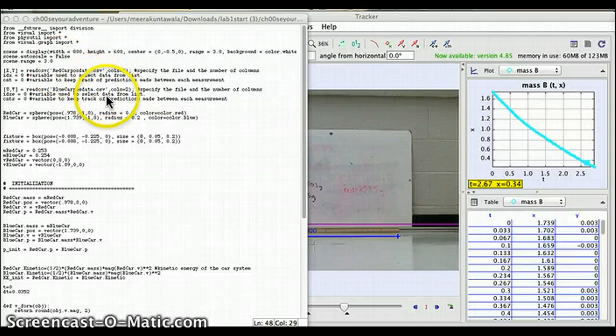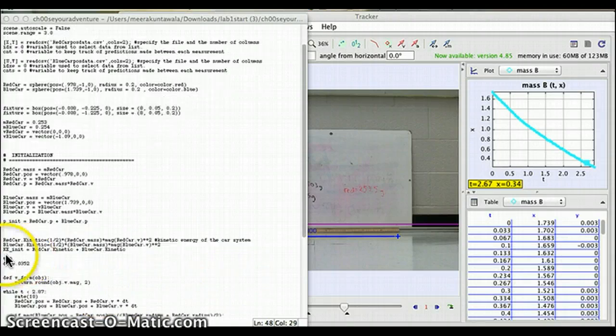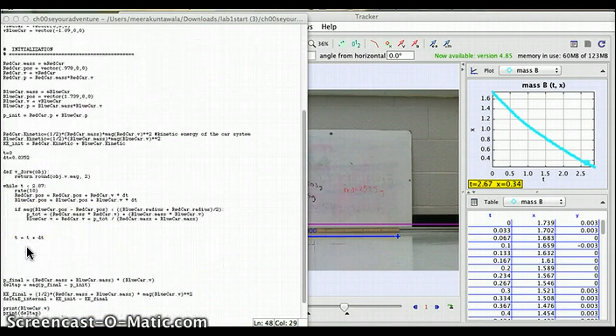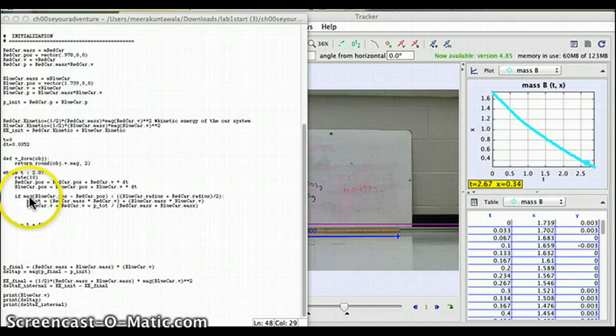So after I imported those two files, I put the initial positions for both the red car and the blue car, along with their masses, and then the initial velocities. And the initial velocities I just found from the Tracker data points by doing the change in x over the change in time. Then I define my variables here below, again restating the initial positions and velocities, and then here I changed the energy principles to help model what I need for the red car and the blue car.